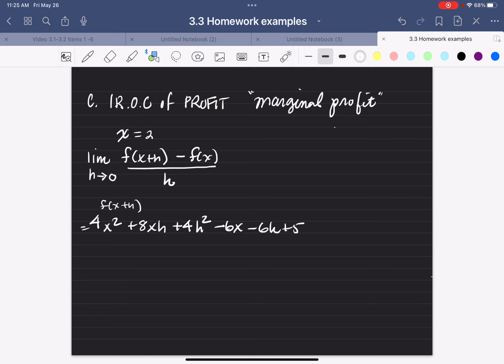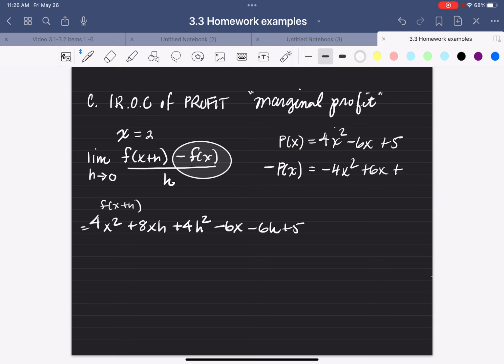Now, we're supposed to, according to this, subtract f of x. So remember, f of x, or p of x in this case, was 4x squared minus 6x plus 5. So if we're doing the opposite of that, that is subtracting it, we're going to get a negative 4x squared, a plus 6x, and let's see, that should be a minus 5 there on the end, right?